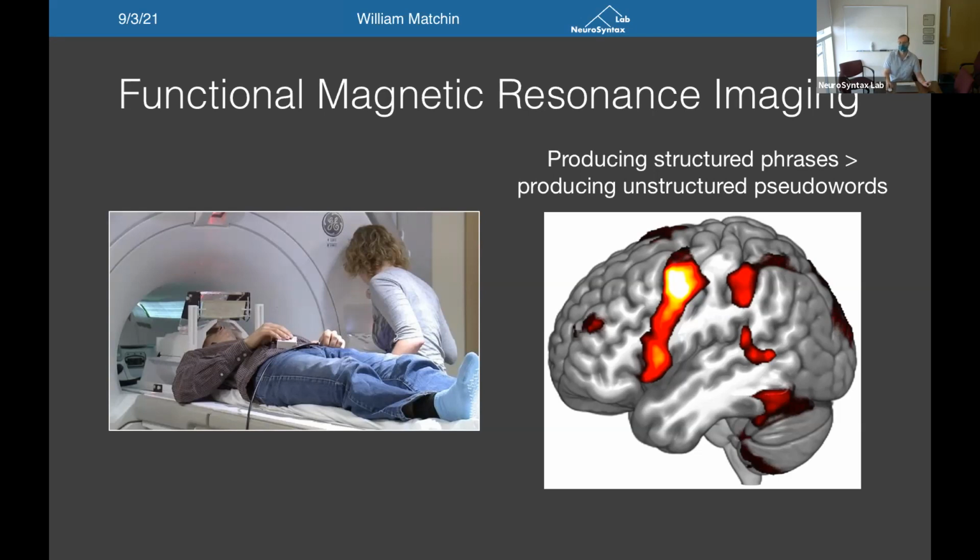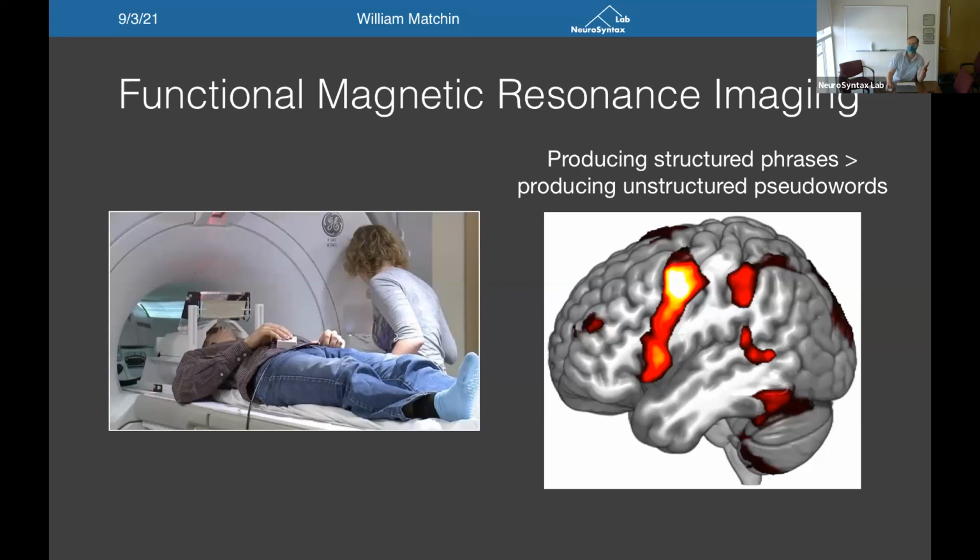But what's also nice with these machines is we can do functional imaging, which in a nutshell looks at the blood flow in the brain. The blood flow is basically sending energy to different parts of the brain that are more active. If a brain region is more active, it's doing more stuff, it requires more energy, so there's more blood flow to that area.